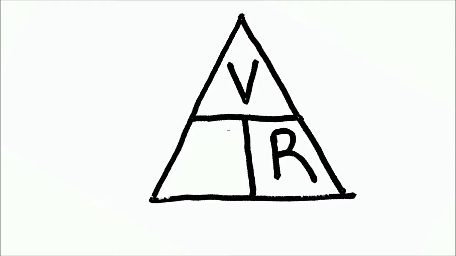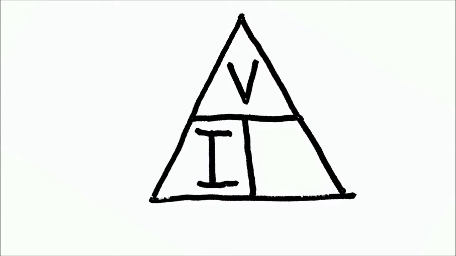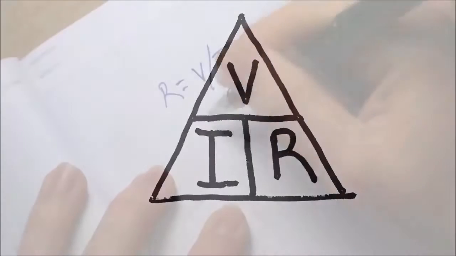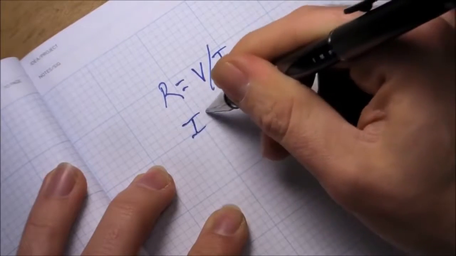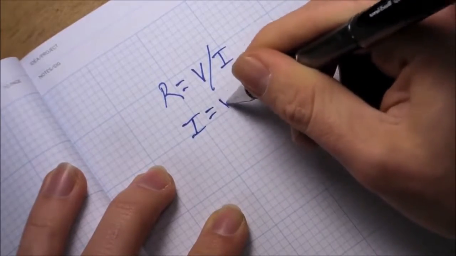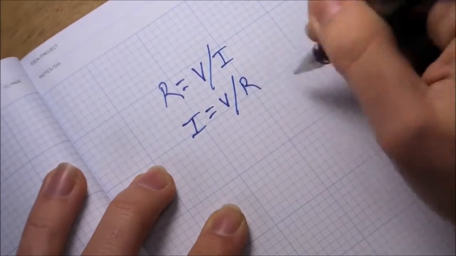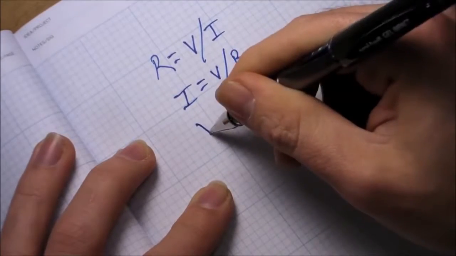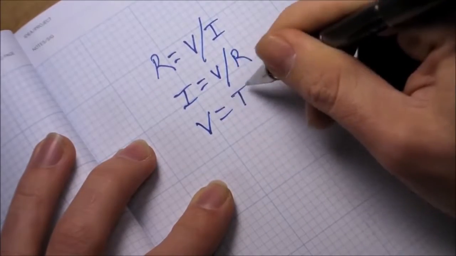And likewise, to find resistance, we divide voltage by current. As long as we know 2 of the 3 values, we can rearrange this equation to find the third value, thanks to algebra.